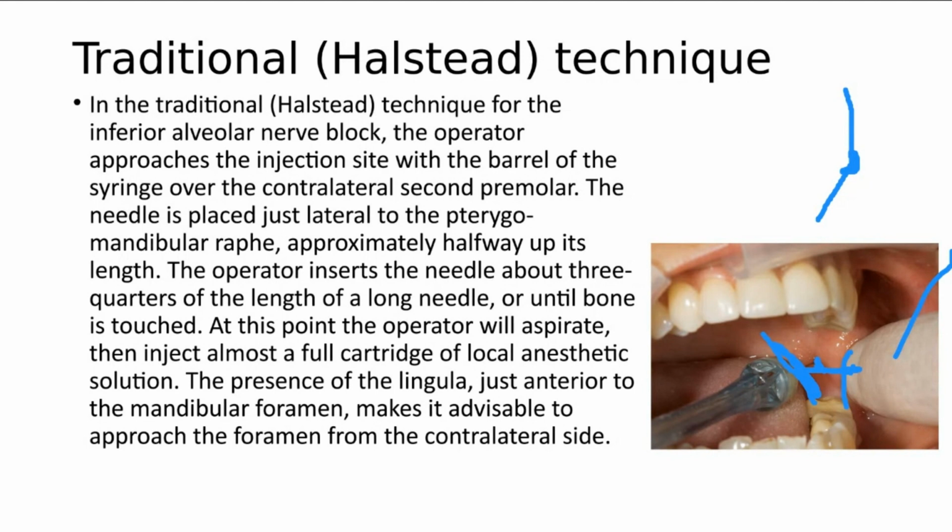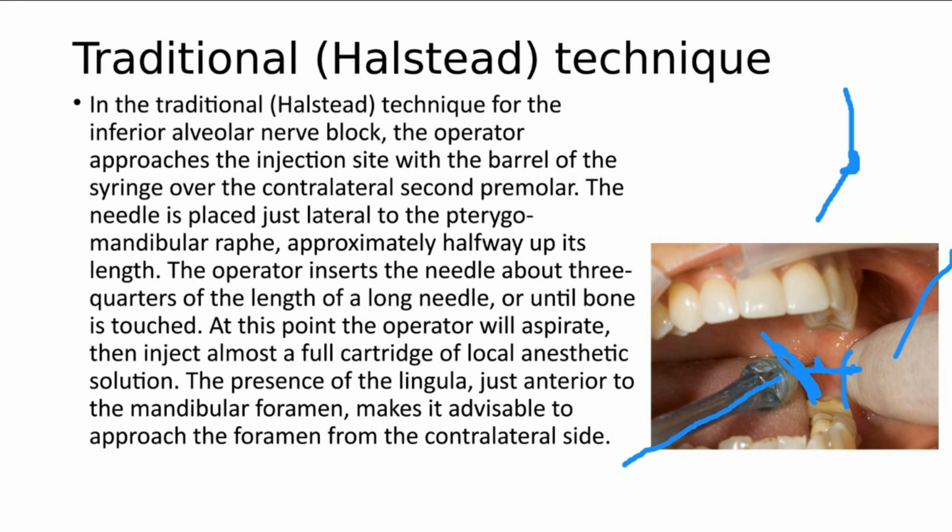But your syringe or your needle will be going cross arch, meaning from the right to the left if you're working on the left side, or from the left to the right if you're working on the right side. So we're going to go in this angle. This can be confusing because you can go to different spots. Can we be more specific? You can.